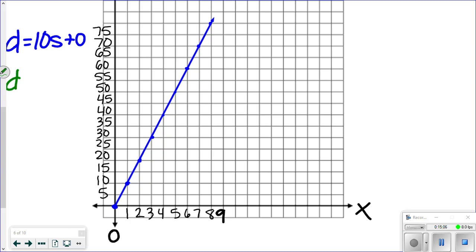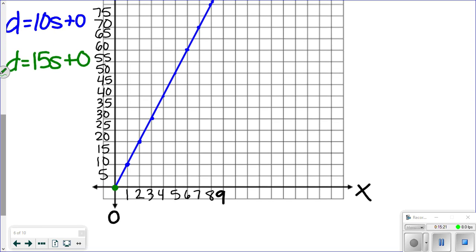Jerome has a speed or a slope of 15 and a y-intercept of 0. So we're going to have our same y-intercept at 0. And then I need to go up 15. So 1 box is 5, 2 boxes is 10, 3 boxes would be 15, and then over 1. 5, 10, 15 over 1.